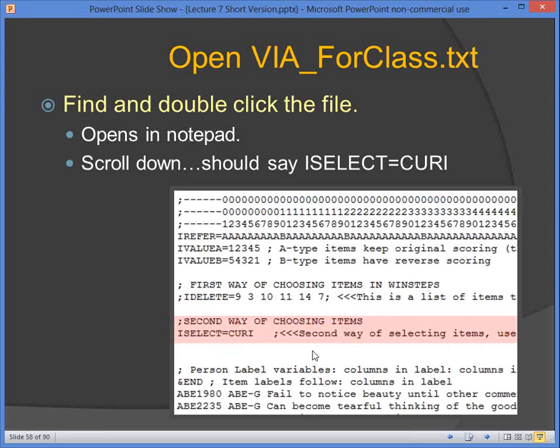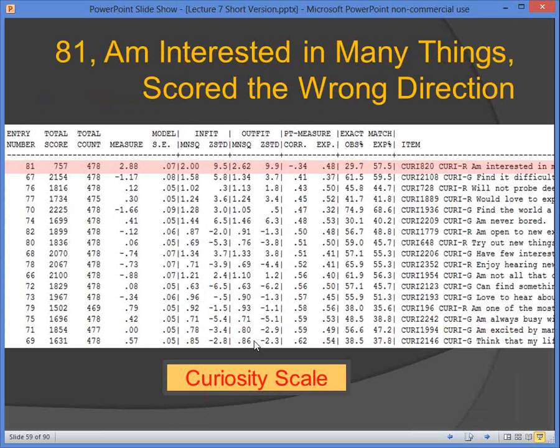So if you scroll even further down, what you'll see is that each item begins with a scale of 3 or 4 letters that are basically an abbreviation of the scale name. So ABE, for example, is appreciation of beauty. CURI is the abbreviation for curiosity. iSelect equals CURI is going to select into the analysis items for the curiosity scale.